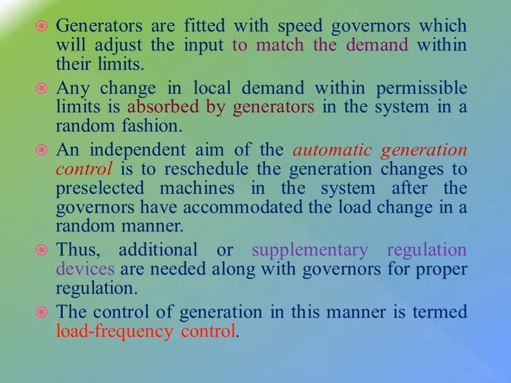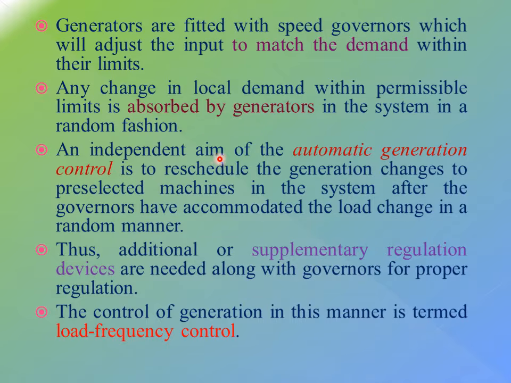Normally, the generators are fitted with the speed governor to match the demand. If the demand increases, automatically the input of the generator will be varied with the help of the speed governor. Any small change in the local demand that is within a permissible limit will be absorbed by the generator, that is, the energy stored in the rotating part will be supplying this local demand.